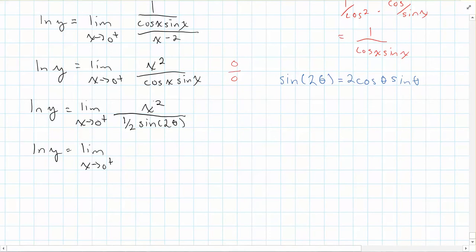I mean, you don't have to do that trig identity. You could use the product rule and do the derivative here. Maybe I'll do that in a second and show you that you can still get the same answer if you didn't use the trig identity. I'm going to move that 2 into the numerator, so I'd have 2x squared over sine of 2 theta.